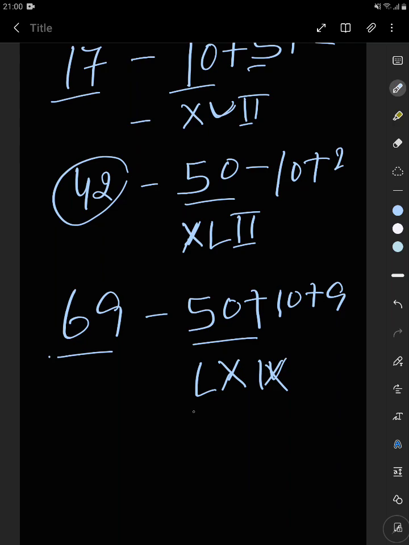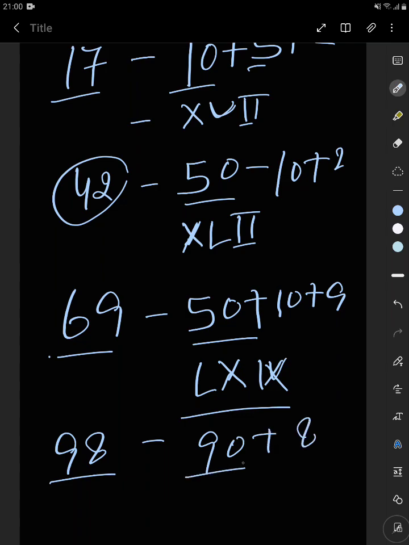I think it's clear. Now there is 98. For example, we can write this as 90 plus 8. Now 90 will be converted to how much? 100 minus 10, plus 8.